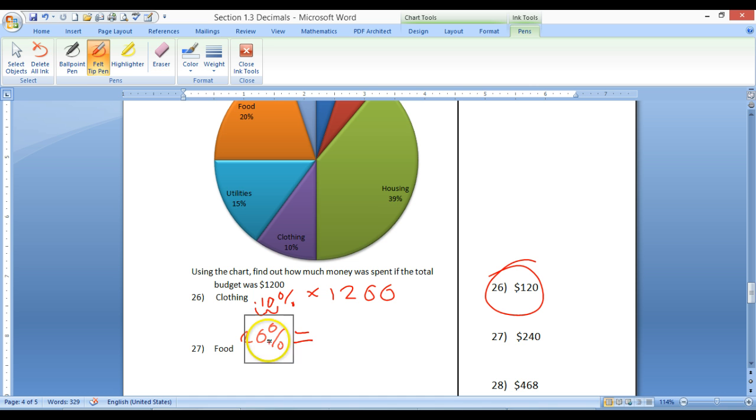The decimal's here, I need to move it over 1, 2, because I'm reversing it from the percent to the decimal, which is 0.2. So I need 0.2 or 20% of the $1,200 budget. Of means multiply, so I'm going to multiply to my $1,200 budget.